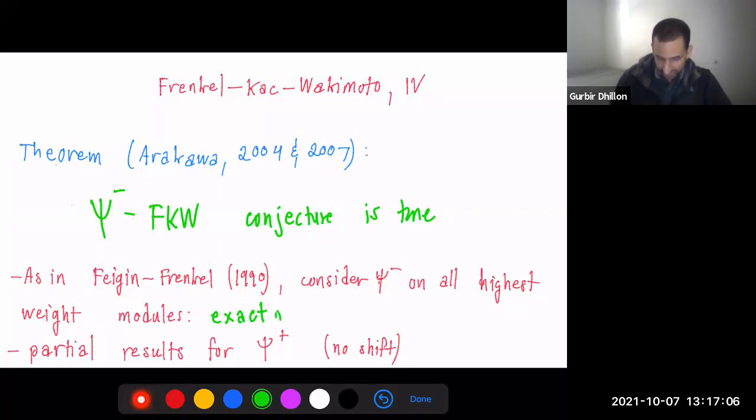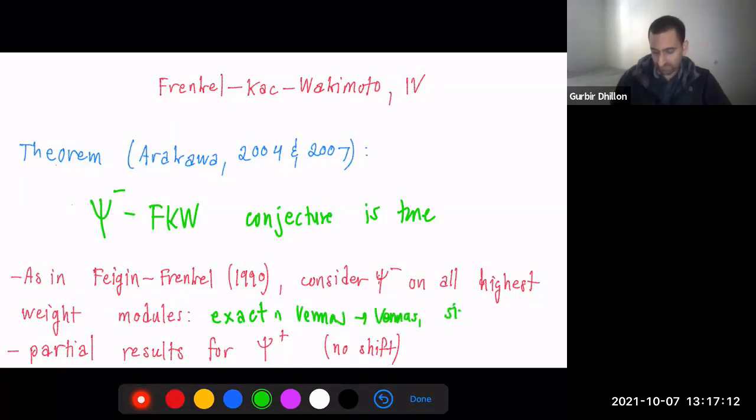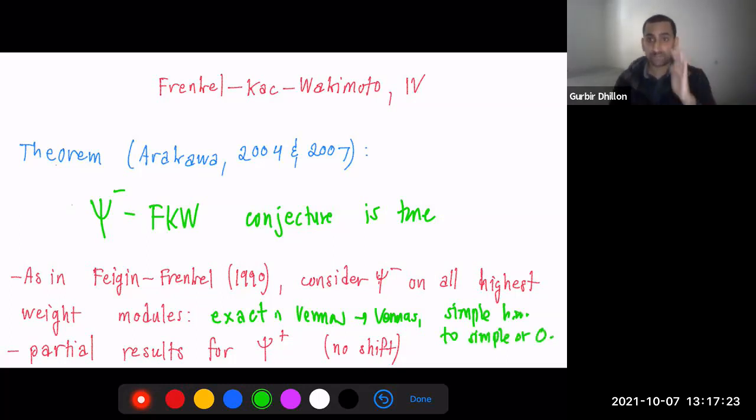And again, it sends Vermas to Vermas, and it sends simple highest weight modules to simple or zero. I want to emphasize it's exact only on the category of highest weight representations. It's not going to be in general.